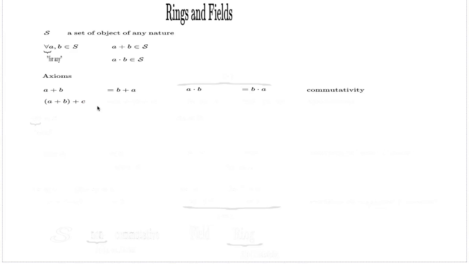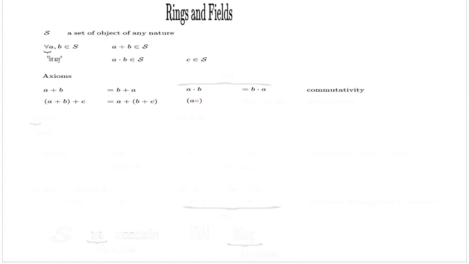If you take the combination of A plus B plus another C, and I haven't said that, but C is just another element in my set, the same type of element as A and B. So if you take A, B, and C, three elements, and if you combine them with the plus operation in this order, A plus B plus C, the result should be the same as A plus B plus C in the other order, when you do B and C first, and then you add A on top of that.